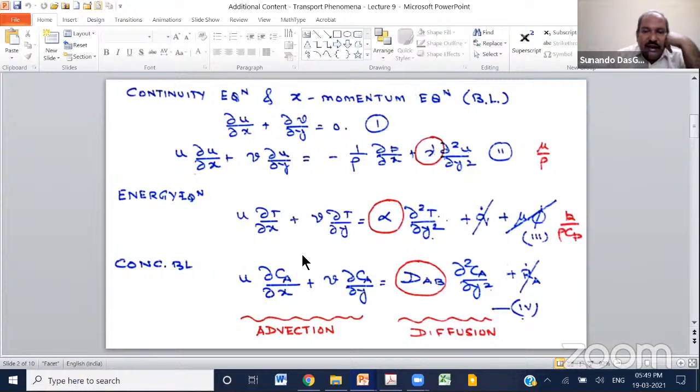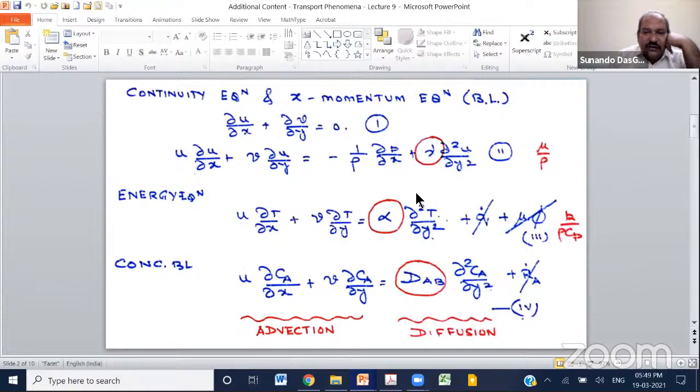Right away you could see the similarity between these equations. T is simply replaced by C_A, the species concentration, and you get identical equations where alpha is k by rho Cp, then D_AB, and in the momentum equation, nu, which is mu by rho, the kinematic viscosity.